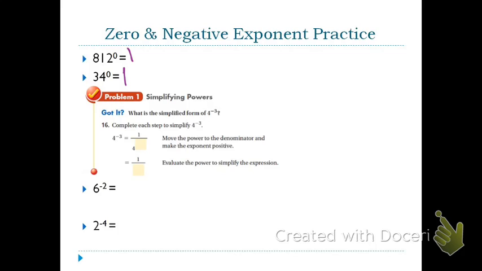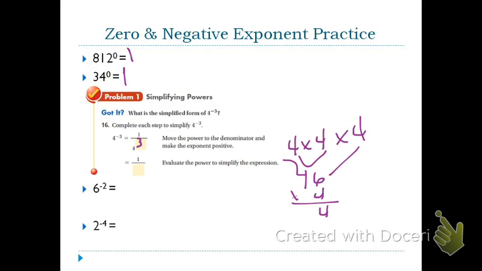Well, you would put 1 over 4 to the positive third. Evaluate the 4 to the third power. Well, 4 times 4 times 4. 4 times 4 is 16. 16 times 4 is 64.